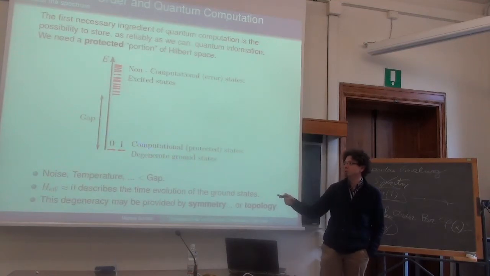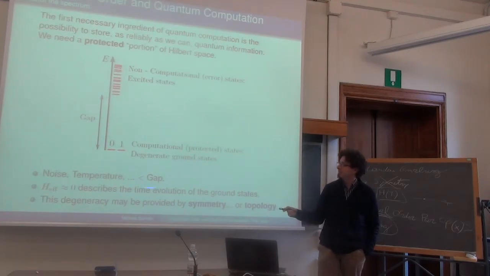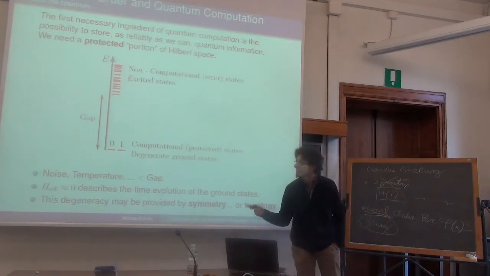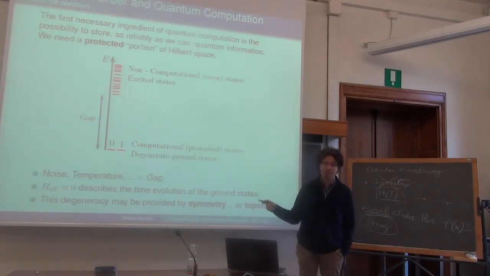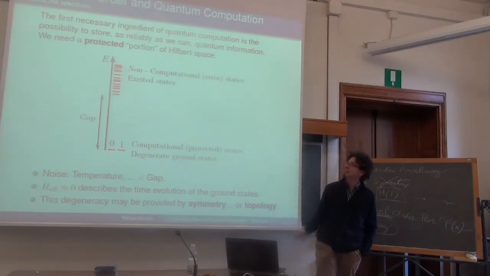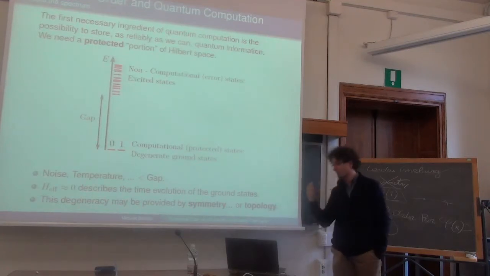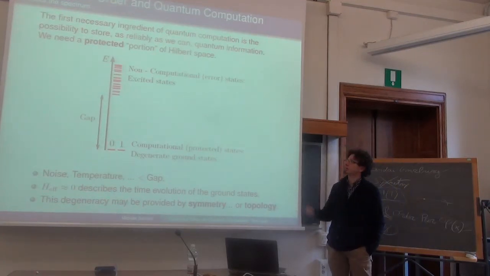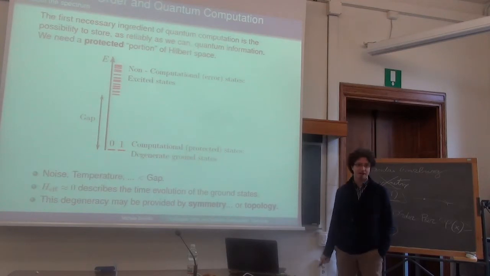So essentially you want to work really only on this part of the Hilbert space, and you know that if your gap is big enough, in such a way that noise that you cannot control, or temperature, is much lower than this energy scale, it is very difficult for the system to jump from these computational states that are protected to the non-computational excited states that somehow may be treated as errors.